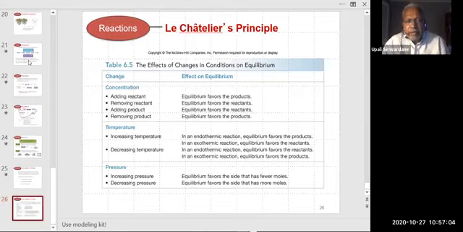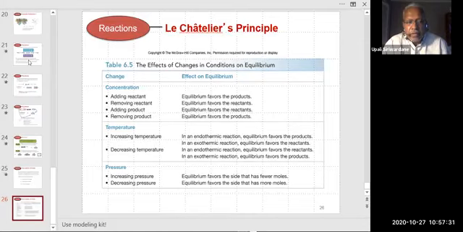To summarize Le Chatelier's principle, we have put our conclusions in a table: the effect of changes in conditions on equilibrium. Adding reactants, equilibrium favors the products. If you add reactants, the system goes to products to remove reactants.